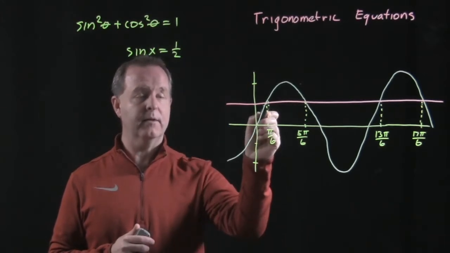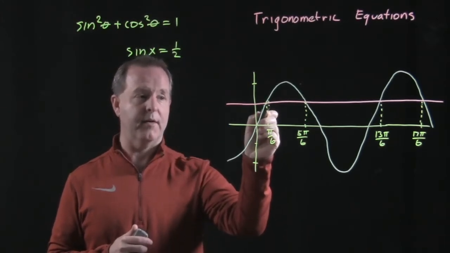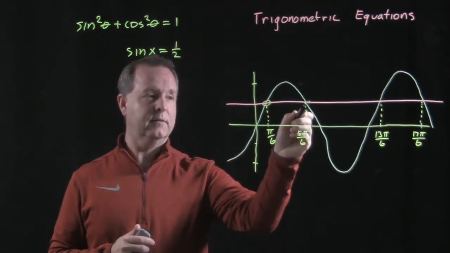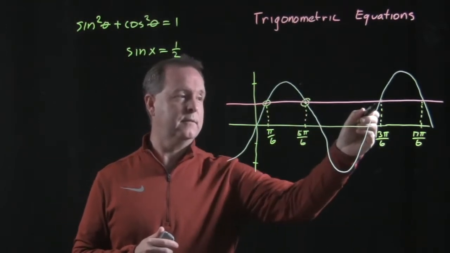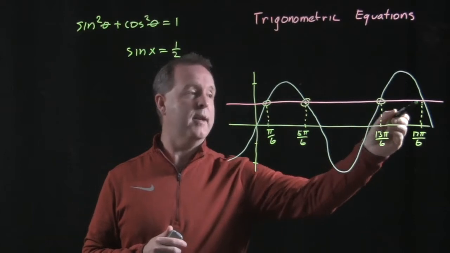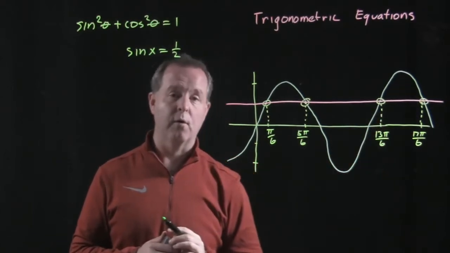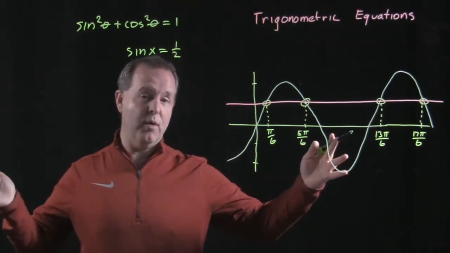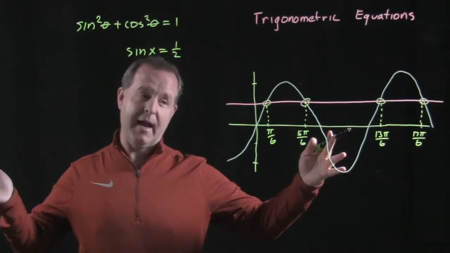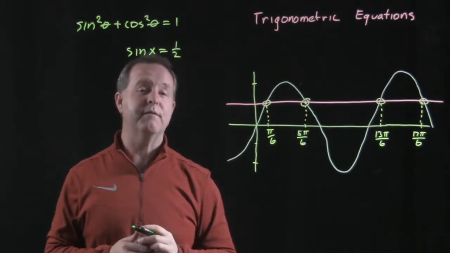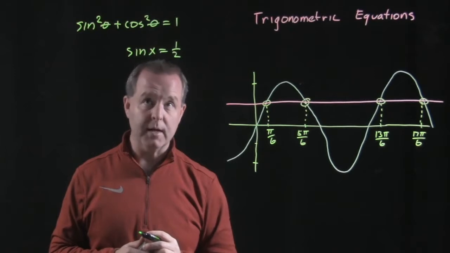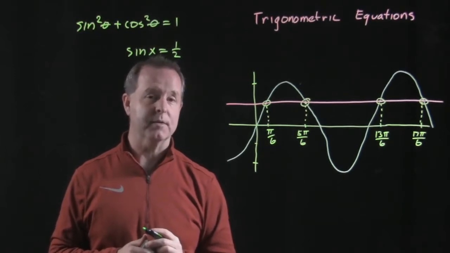Notice that right here, my sine curve crosses the value 1/2, crosses again the value 1/2, crosses again the value 1/2, and so forth. If my window is large enough, I could create a whole bunch of values. So we can say that there's pretty much infinitely many values.